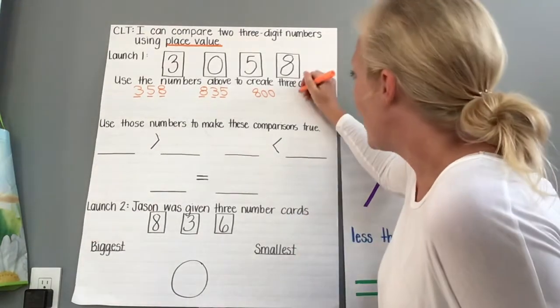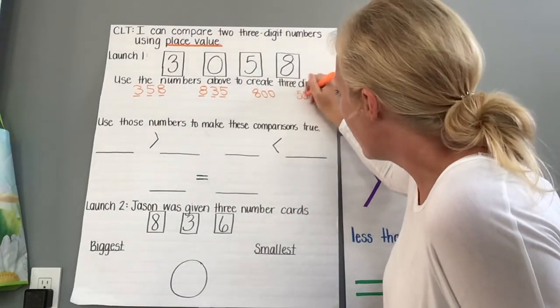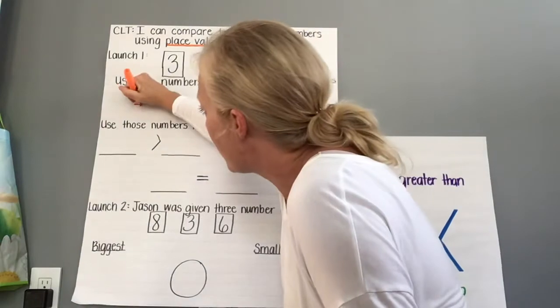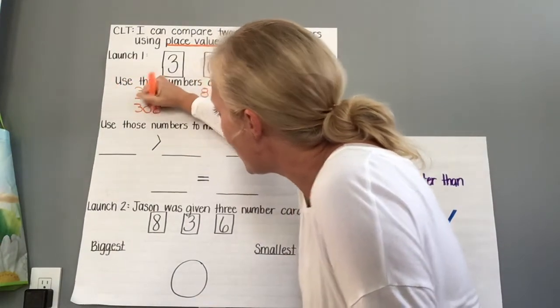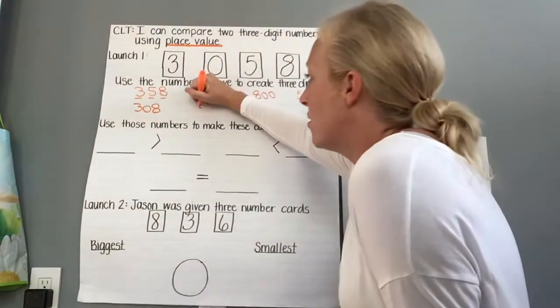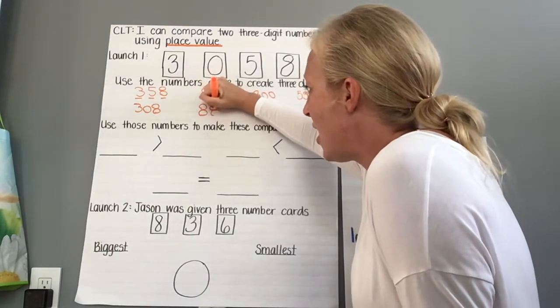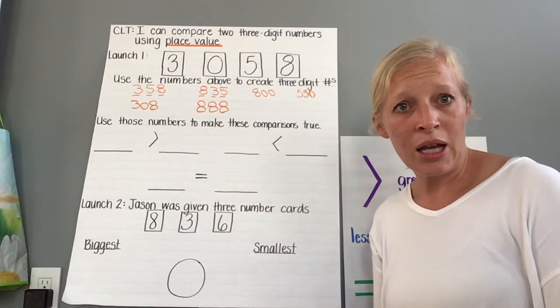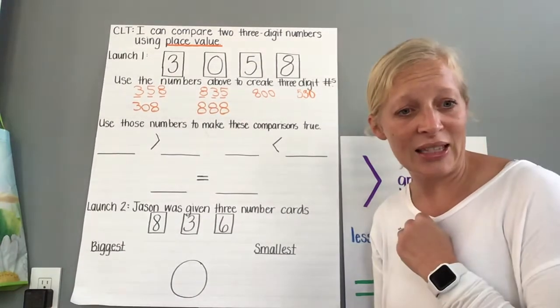Okay, 530. You can start just popcorning them out. 308, 800. 888. Oh my goodness, can I stop for a second? There are 3 8s in this number.